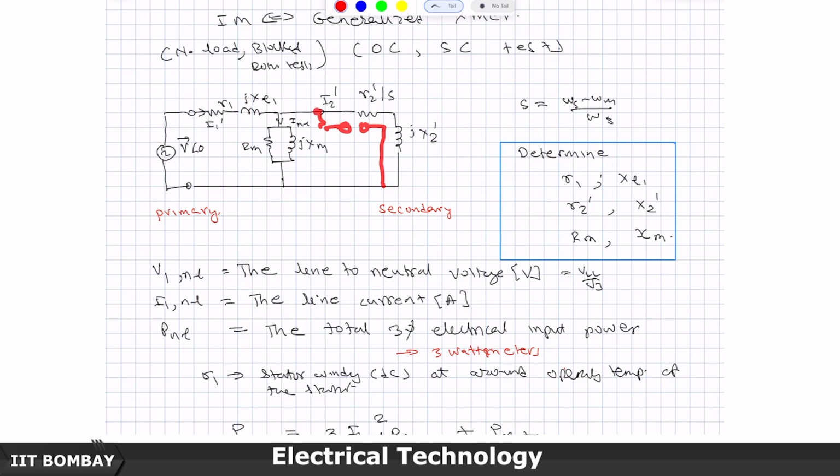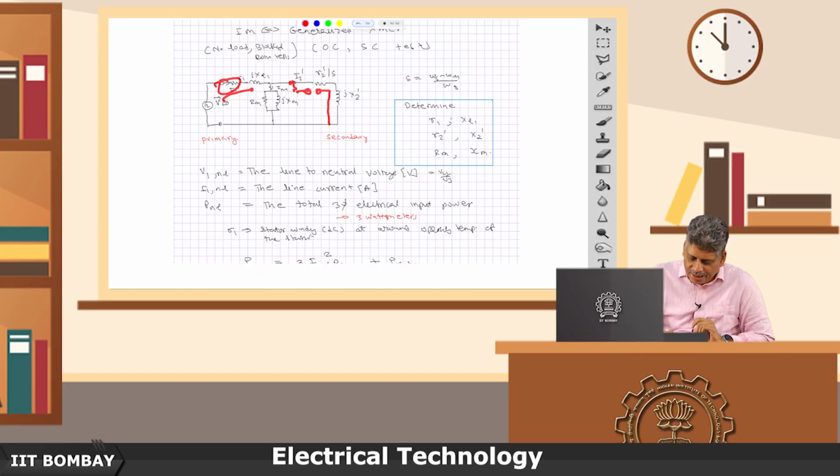So, practically no current flows on the rotor side. Whatever current I am measuring here gets diverted into this, but these losses right now I am not separating. I am clubbing this loss with the friction and windage itself. That is a good way to start out.